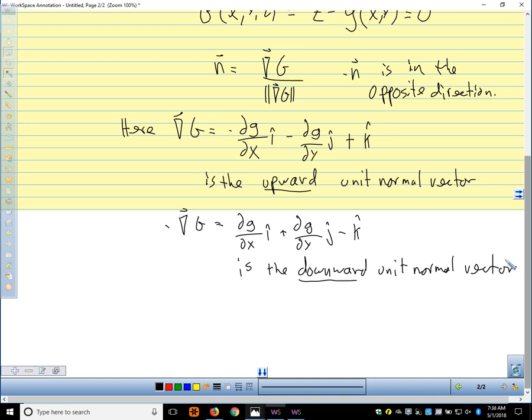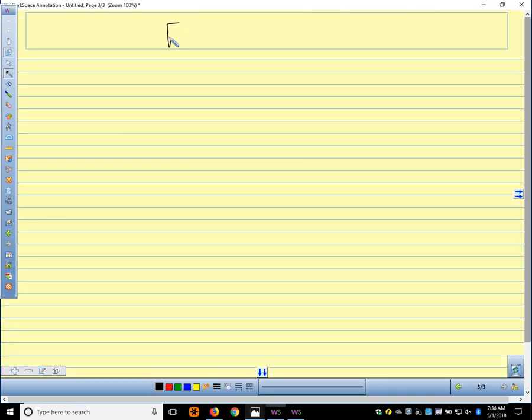The second idea that we need before we talk about vector surface integrals is the flux. The flux, in general, is the volume of something that flows per unit time.